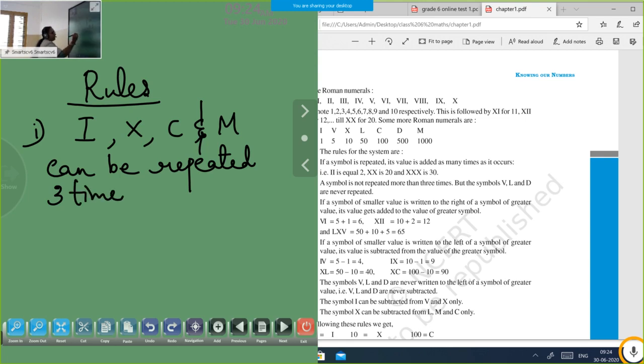We can repeat these numbers 3 times. Only I, X, C, M.